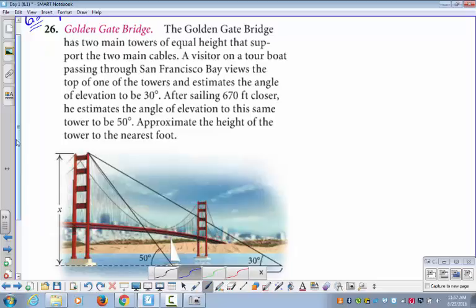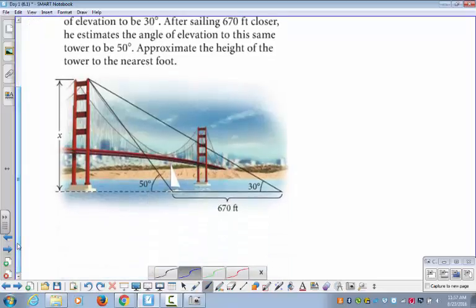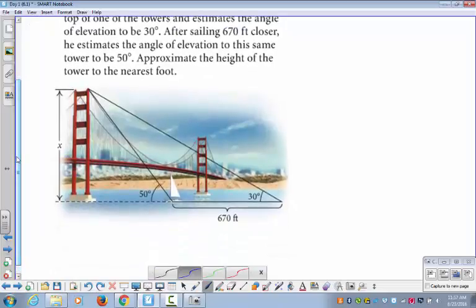So, let's look at the math. The estimate is that the angle of elevation is 30 degrees. Maybe I should mention real quick, there are two types of angles that they often give us measures of: angle of elevation and angle of depression. Both are from horizontal. Angle of elevation means the angle from the horizontal up.